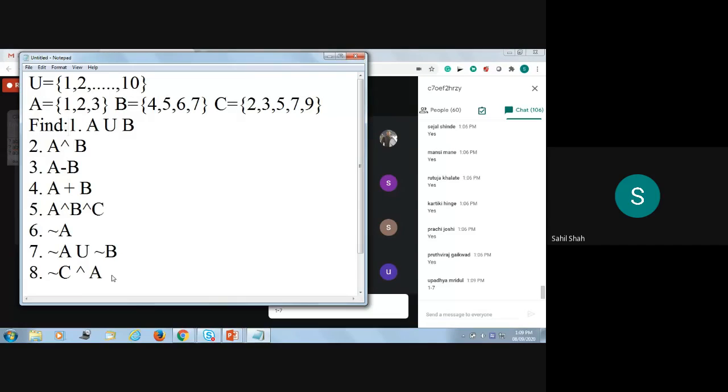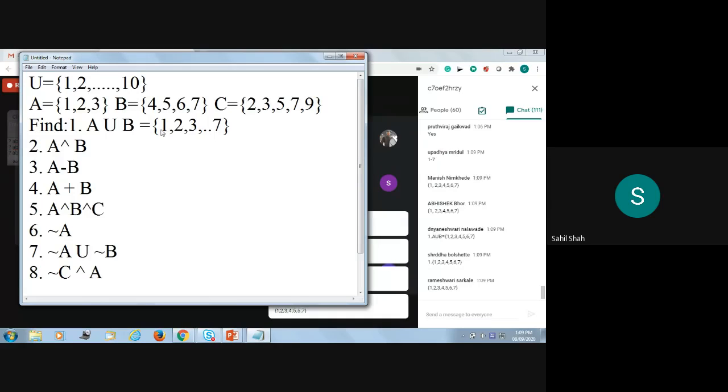What is the answer for the first? Brudil is saying 1 to 7. Correct. Very nice. So I will not spend more time on this. 1 to 7. We have to take all the elements as they are.